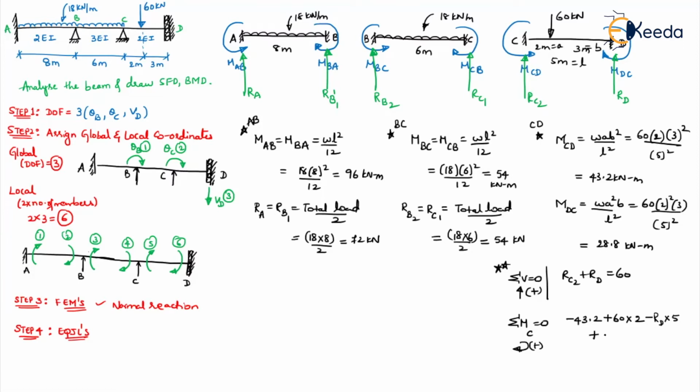So MDC is how much? 28.8. So always remember, a moment you should not multiply with the perpendicular distance. So this will give you the value of RD. Okay, so what will be your RD? It is equal to 21.12 kilonewton. So if you substitute this back here, you will get your RC2. So how much is RC2?